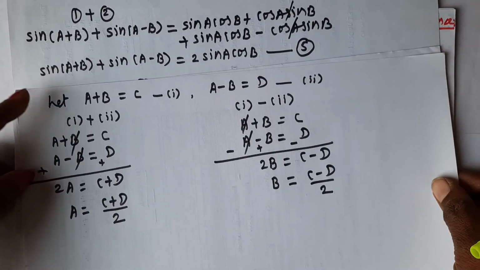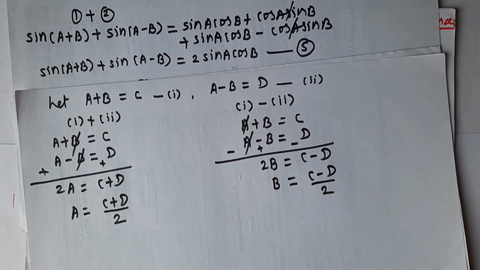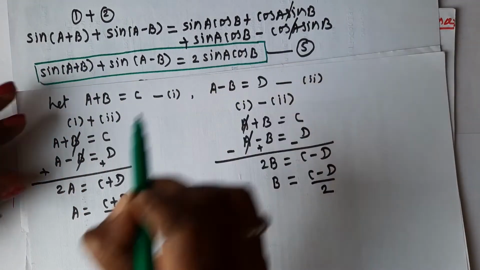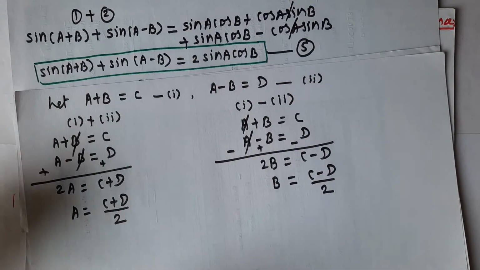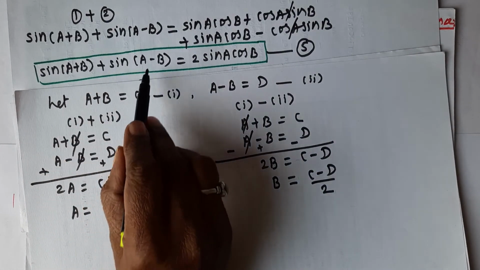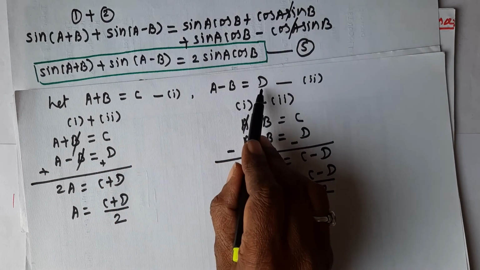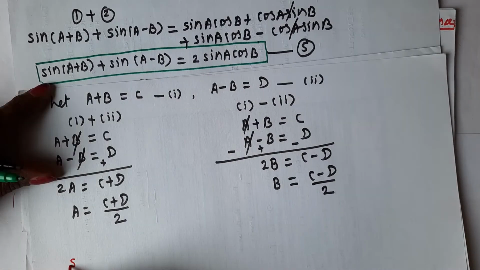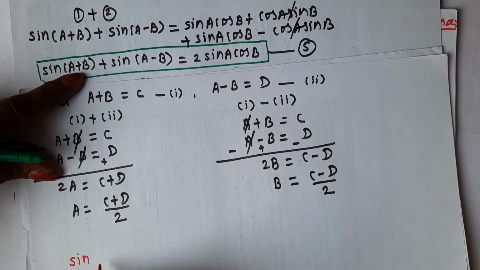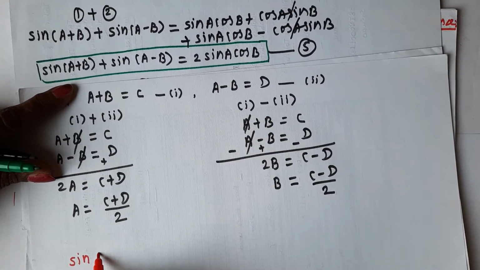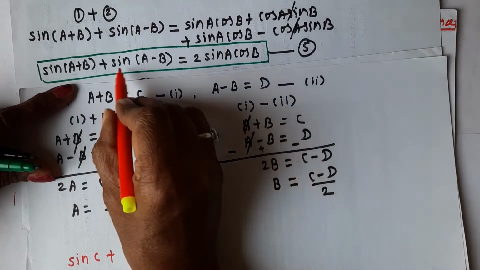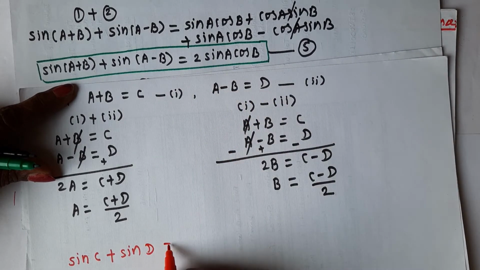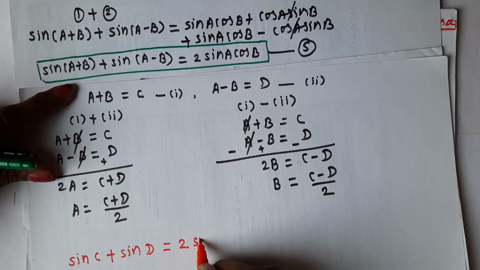Now what is the equation 5? Equation 5 is this. See here, this is our fifth equation. In this equation I will keep the value of a plus b as c, value of a minus b as d. Okay. Then left hand side becomes here, value of a plus b is c, therefore sin c, plus sin, a minus b means d, sin d, is equal to 2 times sin.